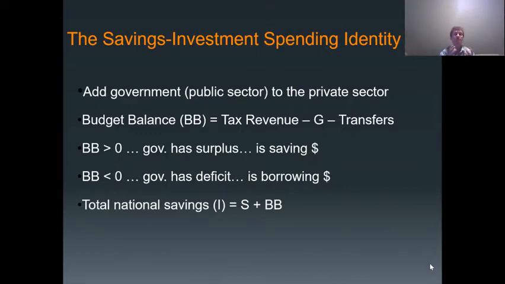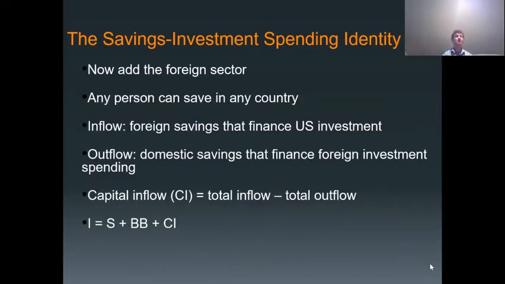So if we include this, total national savings investment is equal to savings plus budget balance. So investment equals private sector savings plus the budget balance. But let's complicate it a little further, because now we have to add in the international sector. Foreign people can save in any country. You can save your money and invest in any country around the world.